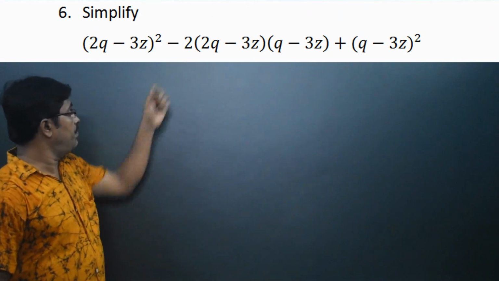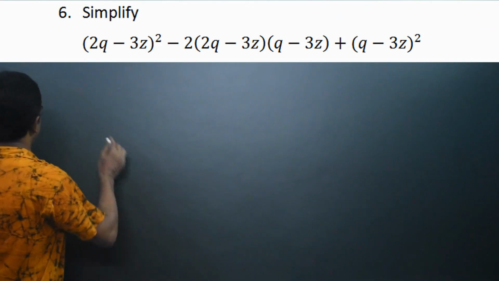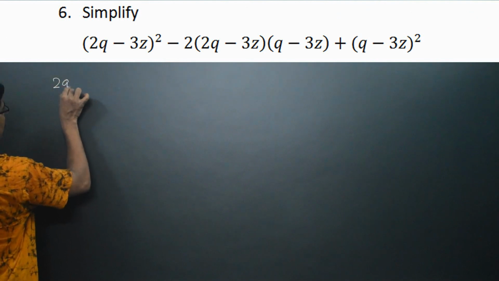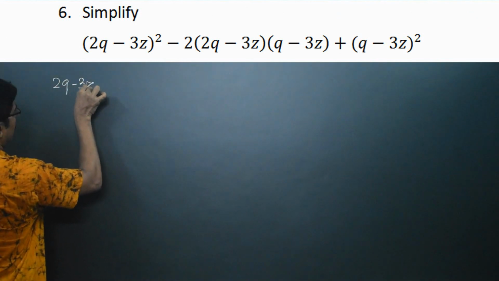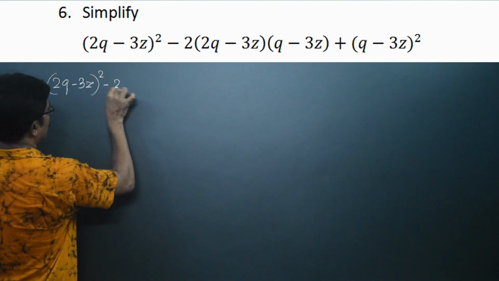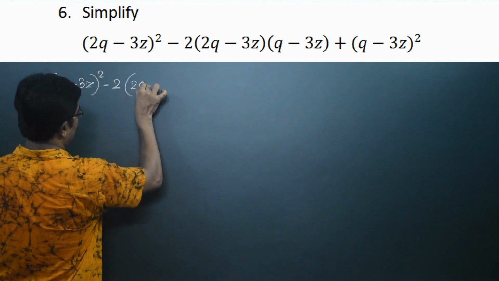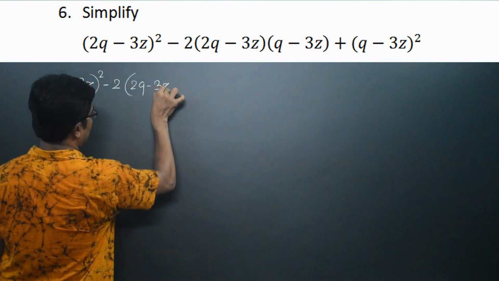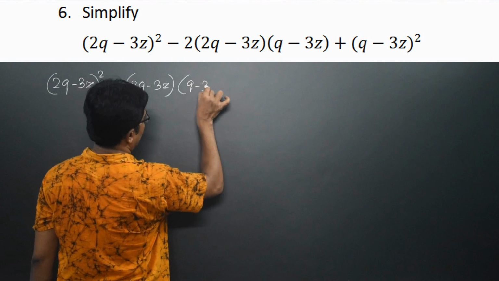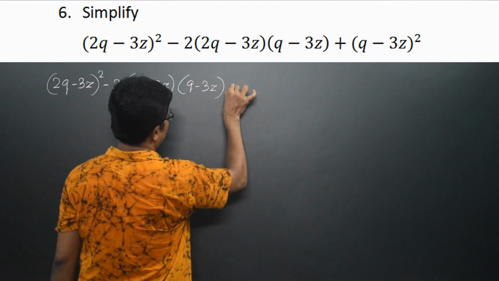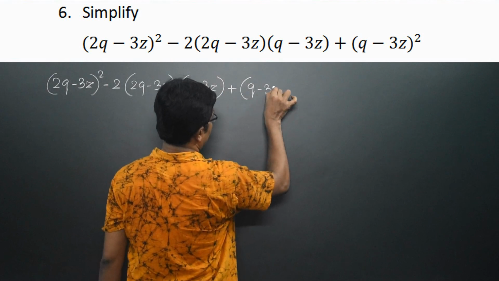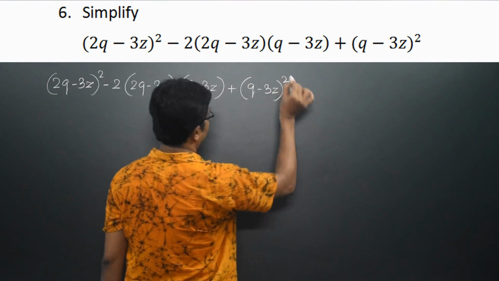Read the question above. We are asked here to simplify 2q minus 3z whole square minus 2 into 2q minus 3z into q minus 3z plus q minus 3z whole square.